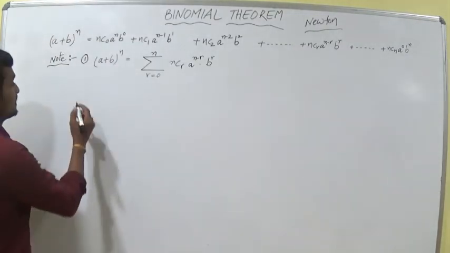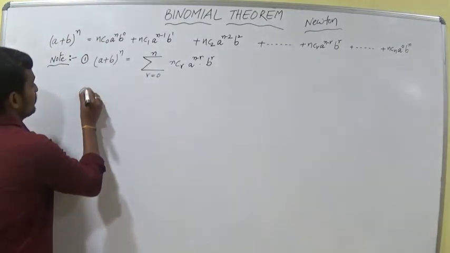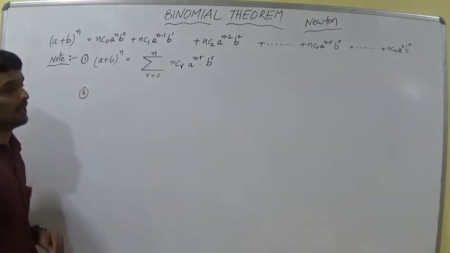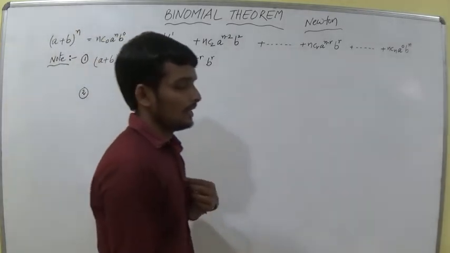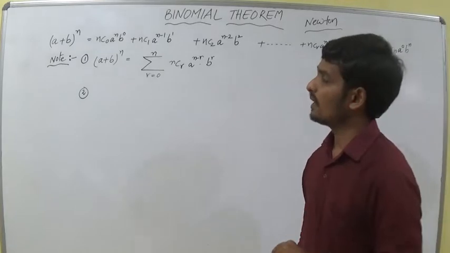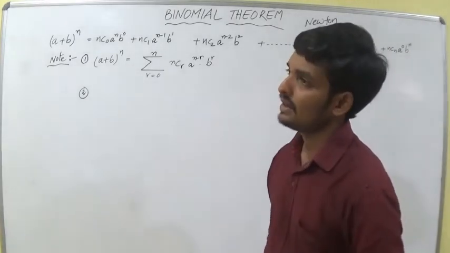And the second important point is: a plus b whole power n. What is the exponent of a plus b? n.